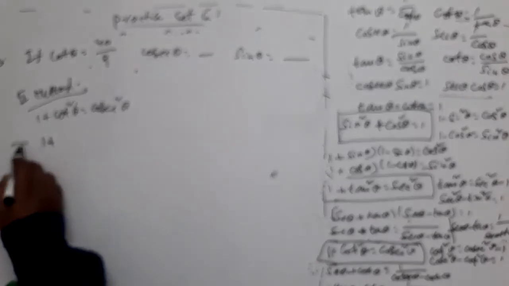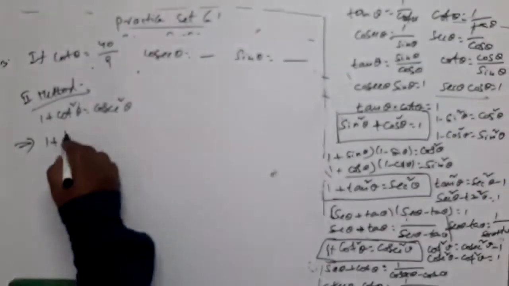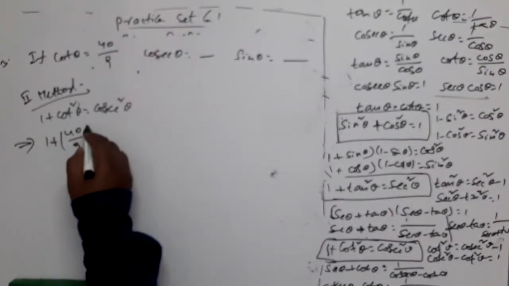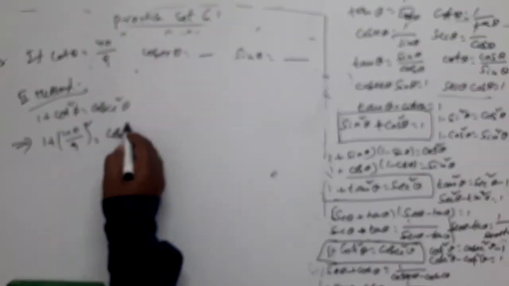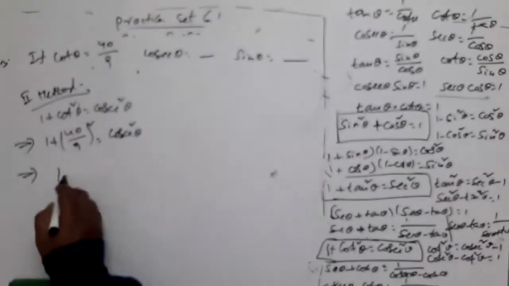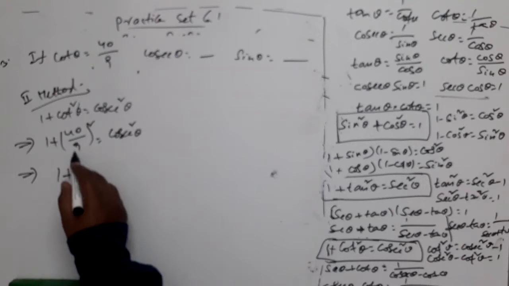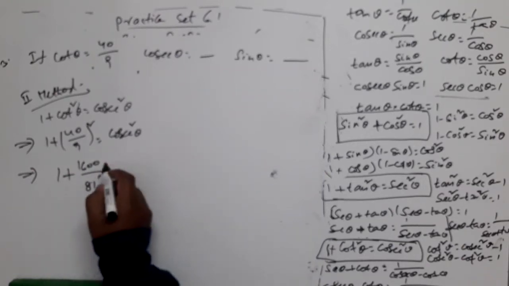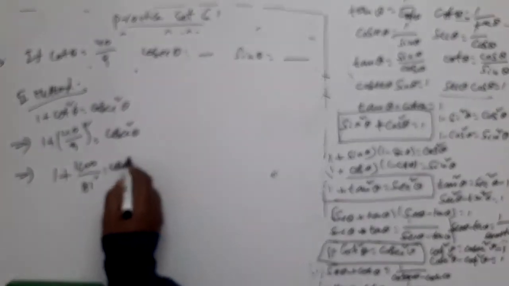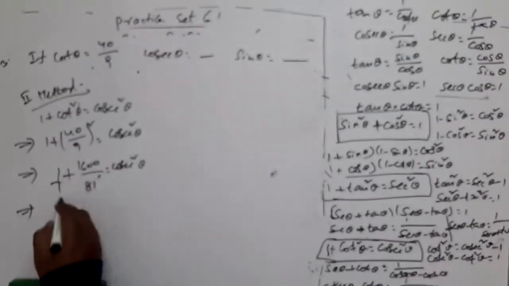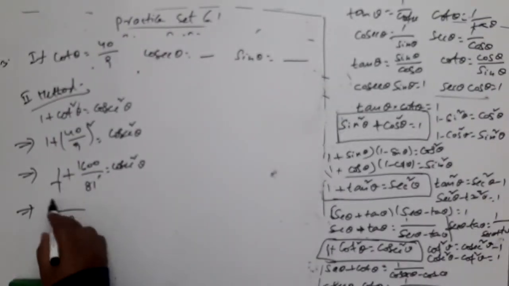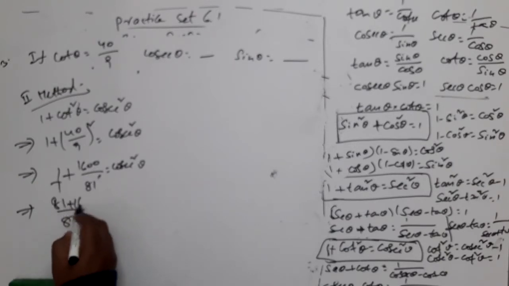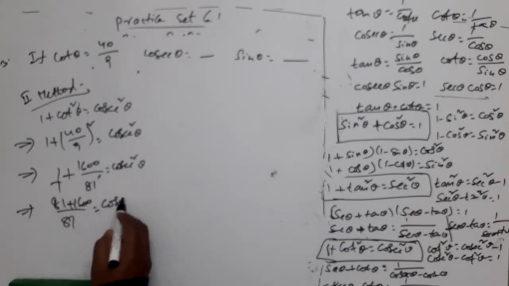1 plus cot square theta is cosecant square theta, right? That implies 1 plus cot theta, which is 40 by 9, whole square is cosecant square theta. So this is 40 square, of course 1600, plus 81 is equal to cosec square theta. So from this LCM is 81. So this is cosecant square theta.